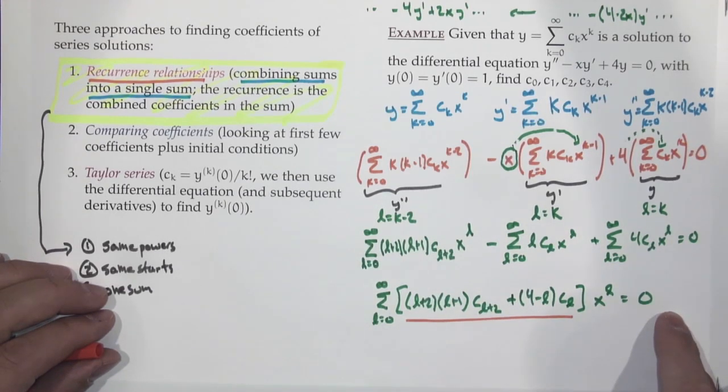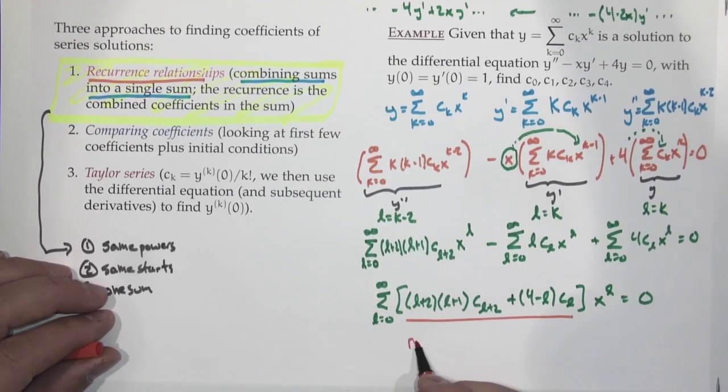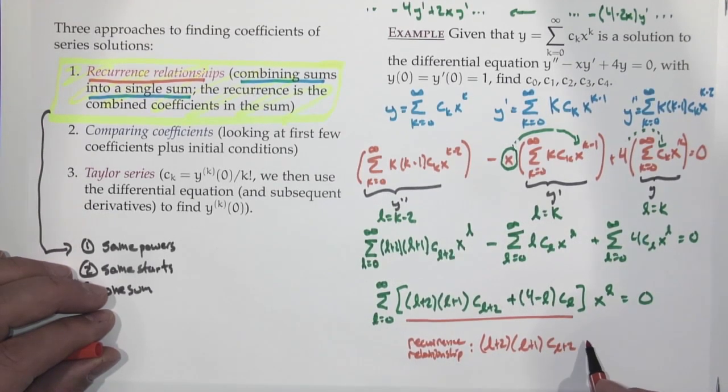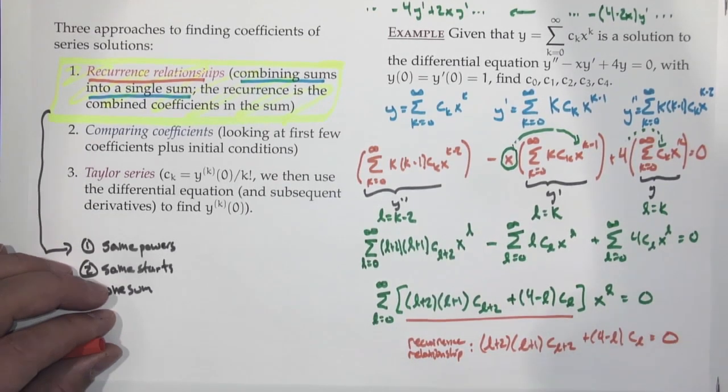In this case, what is the corresponding coefficient over here? 0. So our recurrence relationship would be (L plus 2) times (L plus 1) C_{L+2} plus (4 minus L) C_L equals 0.